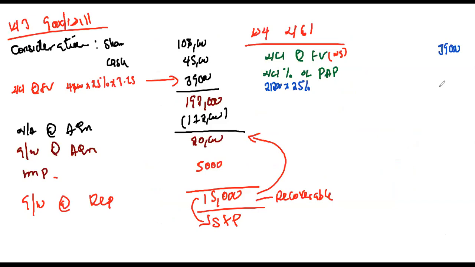What's the value? 5,300. Yes. Okay, so we have our 5,300. So when you add, what's our total? Our total there is 44,300.